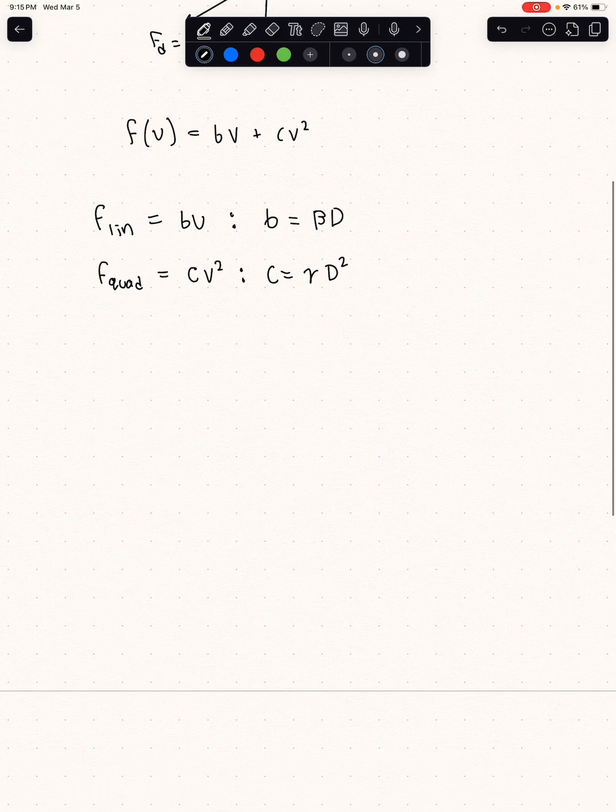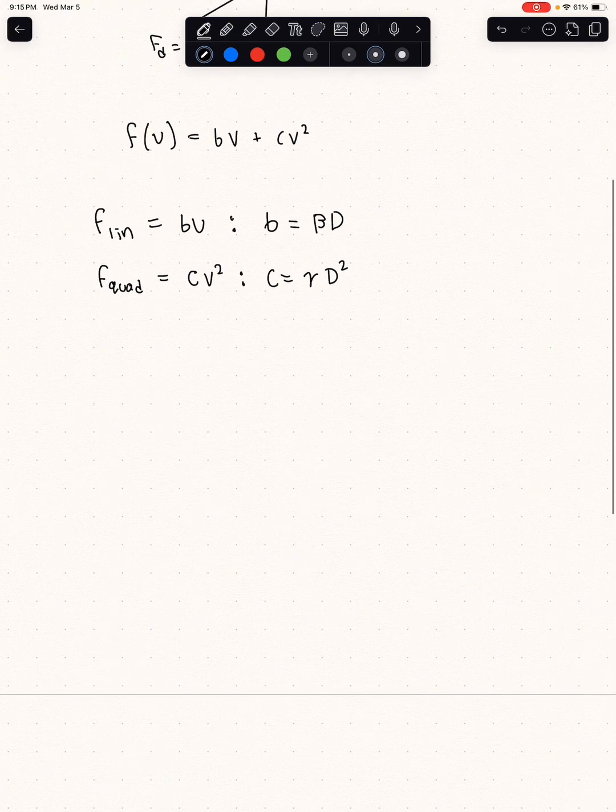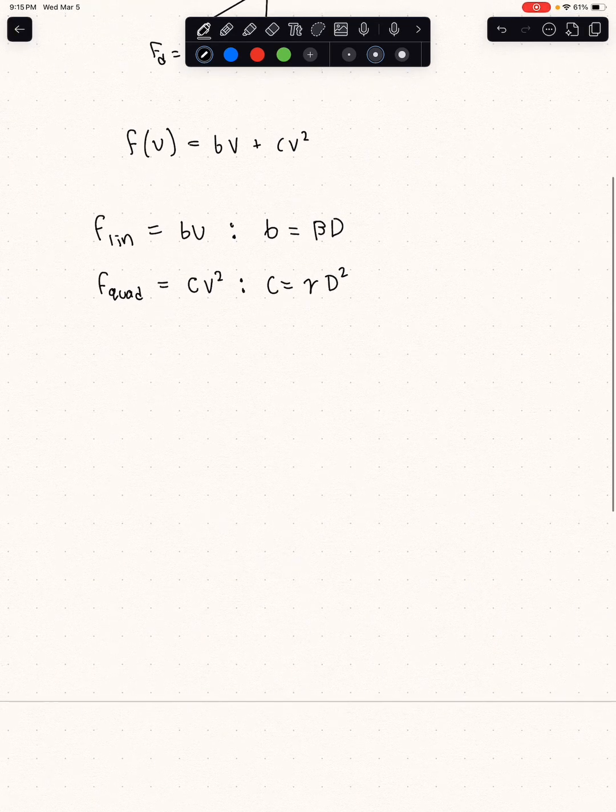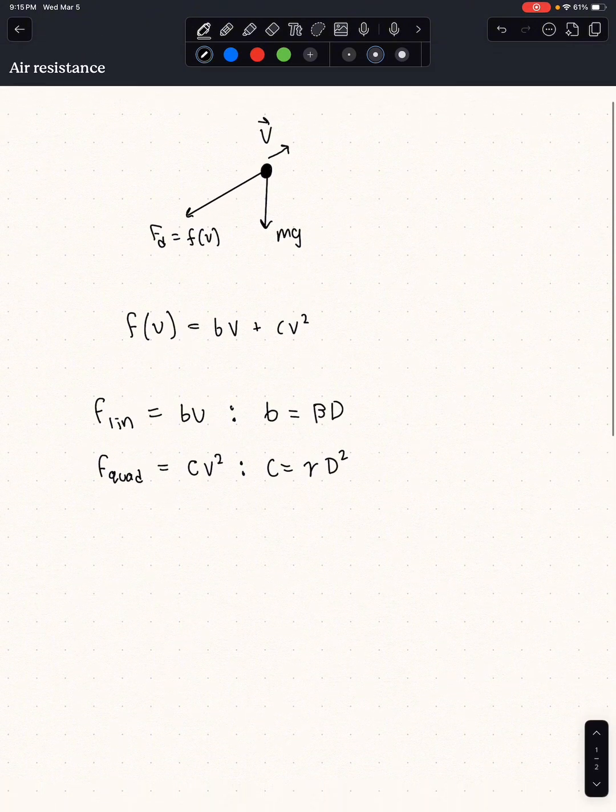Okay. From here, I think we can start making an equation describing our object up here.